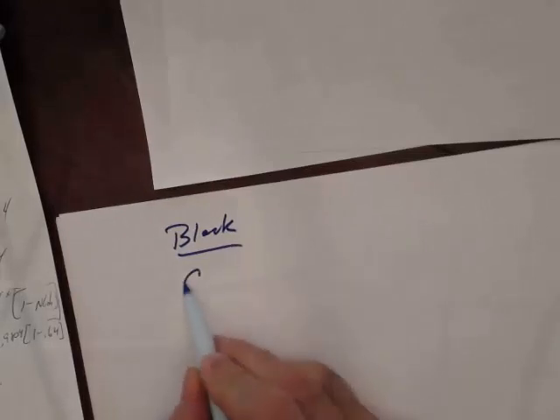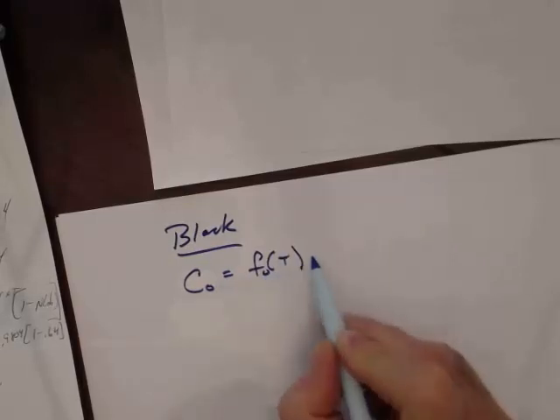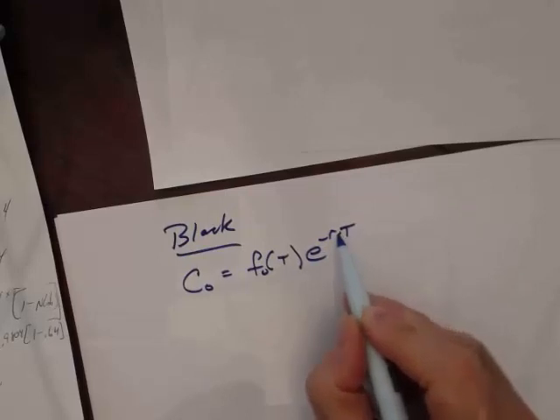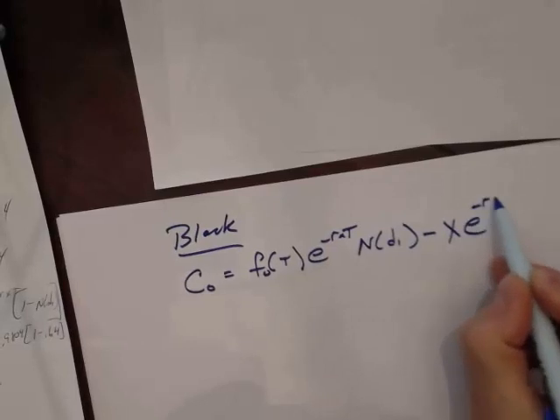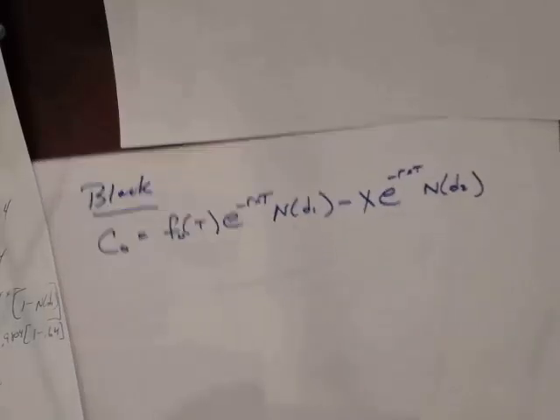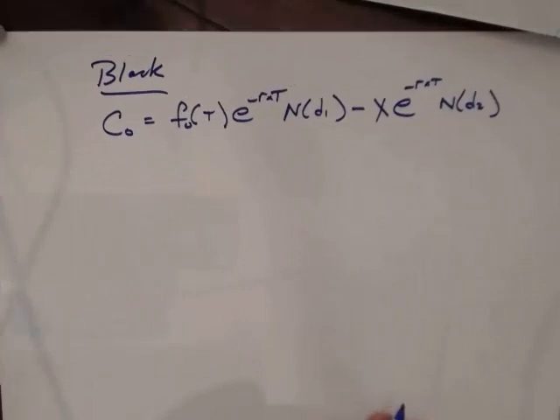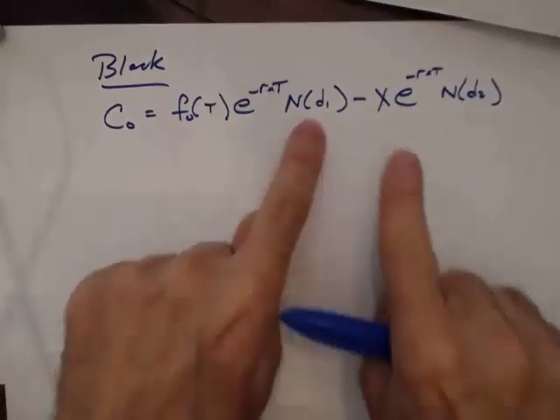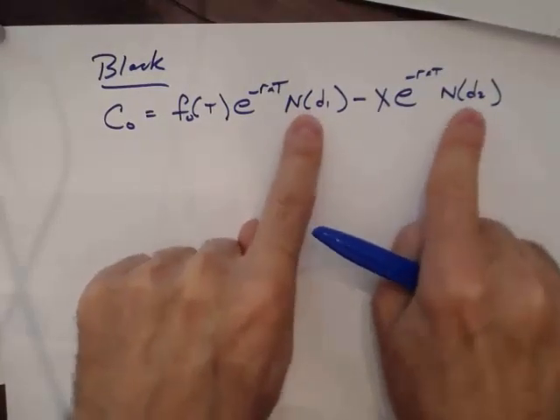So here's the call today for the Black model. It looks very similar to what we did before. There you've got N(d1), N(d2), and I'll show you how to calculate that given the quirks and the opportunity cost of money.